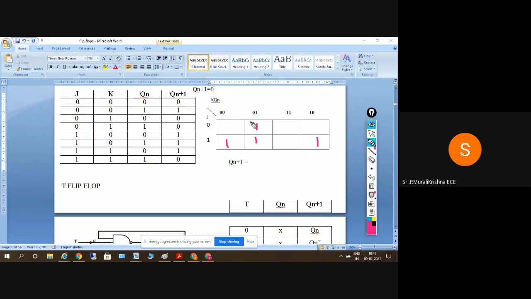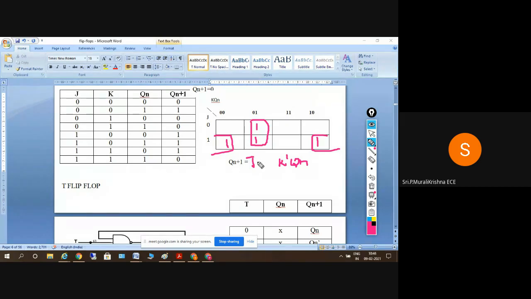Yes or no? Are you there? Yeah, sir. So this 2 and this 2. So this 2 will give a value of K bar Qn. And this 2 will give a value of, what is this value here?